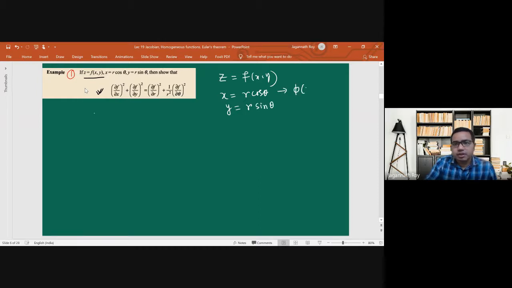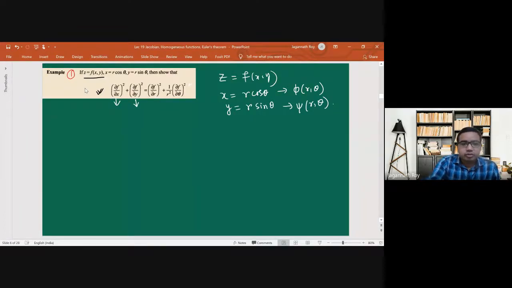So let us call it phi of (r, theta), and this is psi of (r, theta). Okay, so here we will use these formulas. So we have to calculate this one and this one also. After that, we have to take the squares. Then we have to find out whether we are getting this one or not.